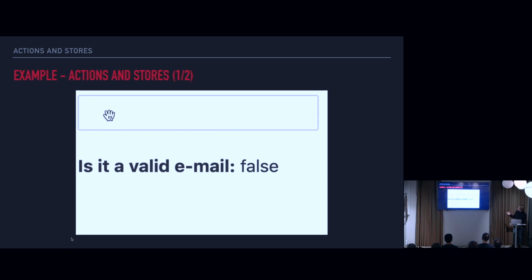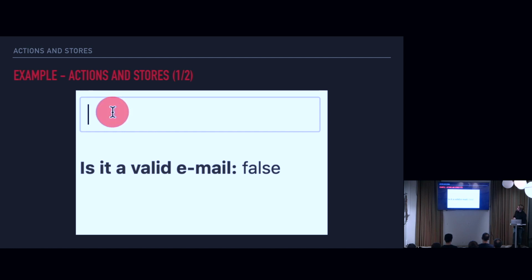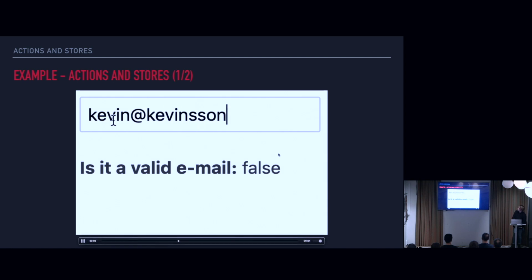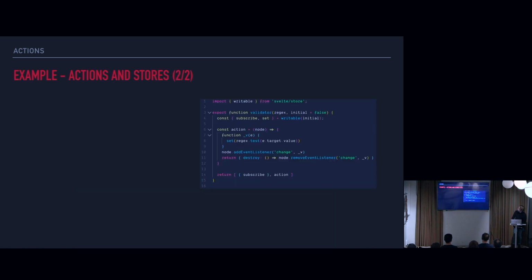In this case, we have an input field, and we have a paragraph, and then something that shows if our input contains a valid email. And so that's not very amazing, I guess, but let's look at the code. You can imagine this being something other than an email, like a complicated, I don't know, credit card number or whatever.